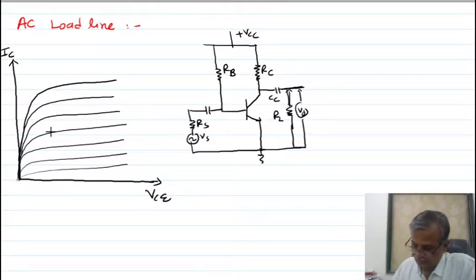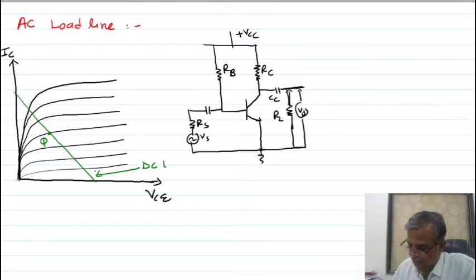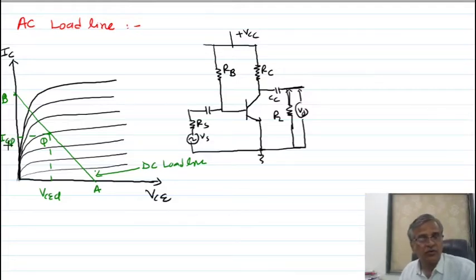This is your Q point, this is your DC load line, this is the A point, this is your B point, this is your VCQ, this is your ICQ. I want to draw the AC load line which is passing through the same operating point.